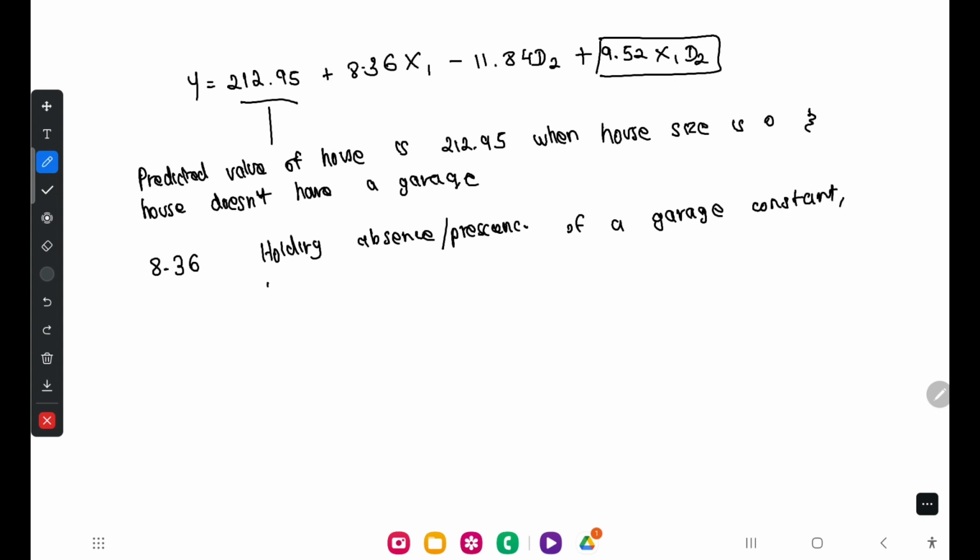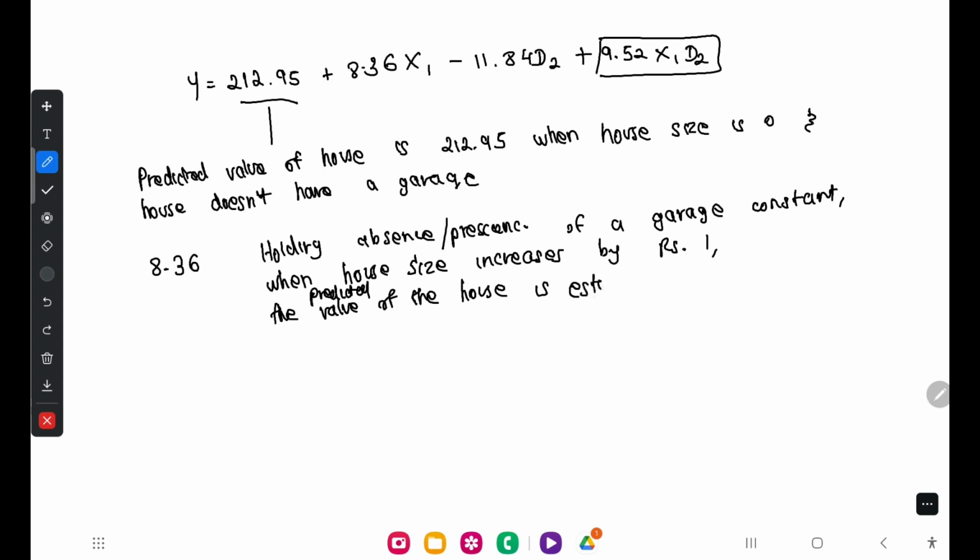Okay, when house size increases by 1, then the predicted value of the house, or you can say the average predicted value of the house, is estimated to increase by 8.36.